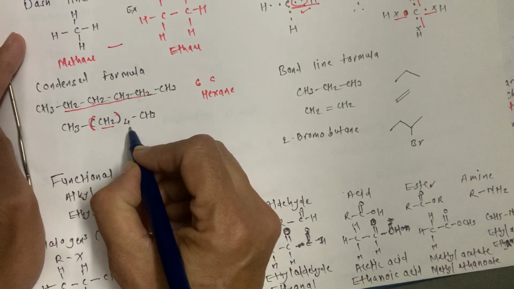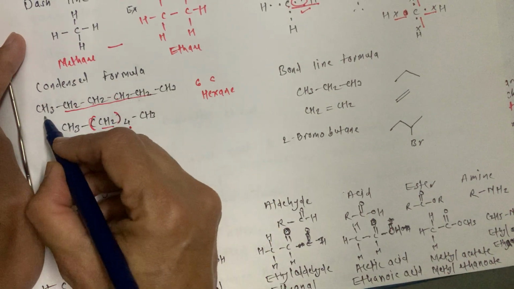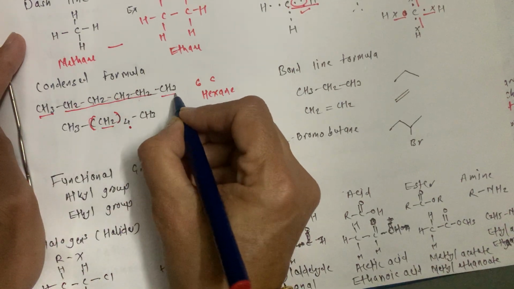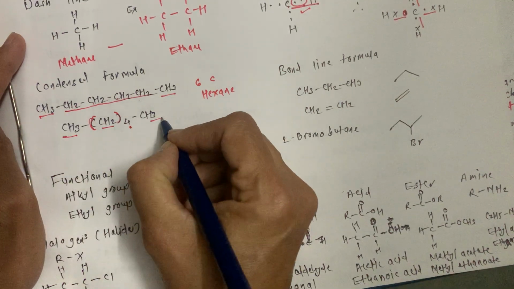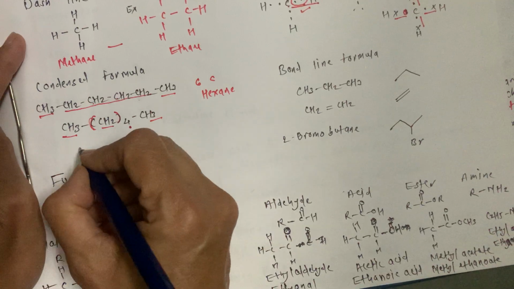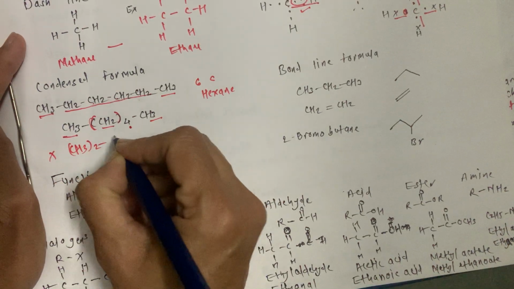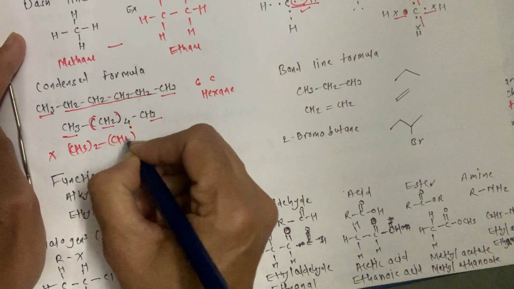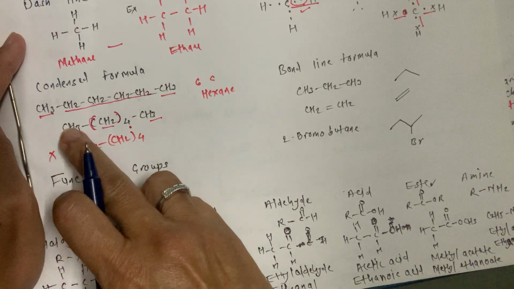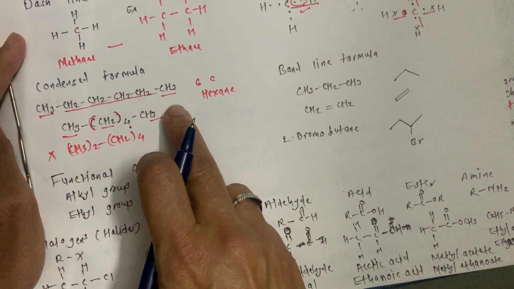So this is CH2 4, and the ending carbons we have to write as it is. So this is methyl. We cannot write CH3 twice CH2 4. This is wrong. We should write this CH3 separate.